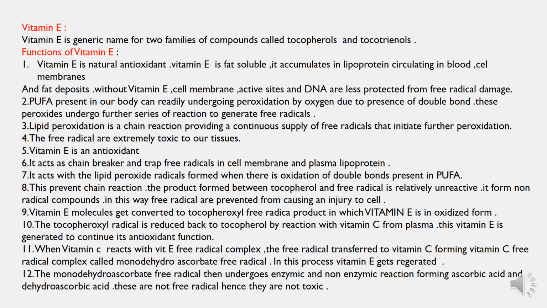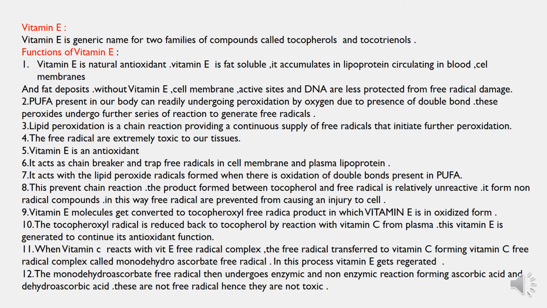When vitamin C reacts with the vitamin E free radical complex, the free radical is transferred to vitamin C, forming the vitamin C free radical complex called monodehydroascorbate free radical. In this process, vitamin E gets regenerated.